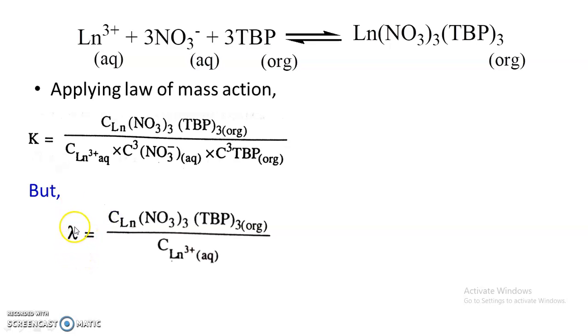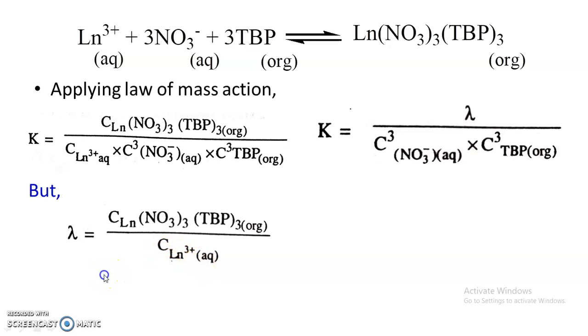Now we know that the distribution coefficient lambda is the concentration of the lanthanide ion in the organic phase upon the concentration of that lanthanide ion in the aqueous phase. So lambda is equal to C of Ln(NO3)3·3TBP upon C of Ln3+ aqueous. In the stability constant term, this ratio appears, so instead of this we write lambda.